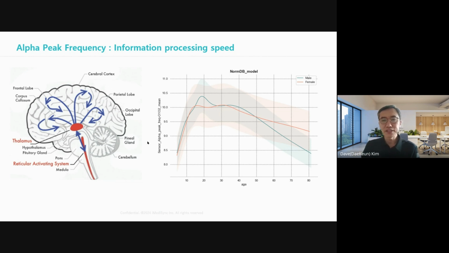This alpha rhythm has this kind of age developmental equation in the normative database.